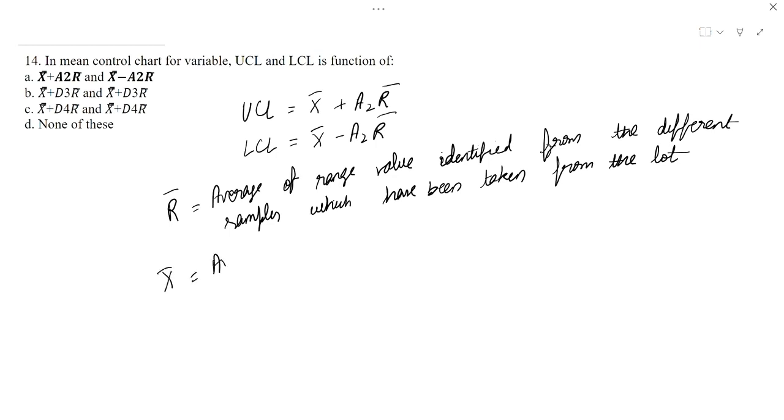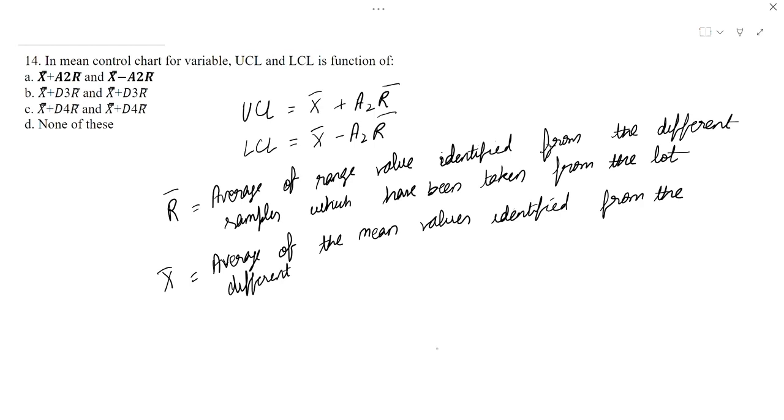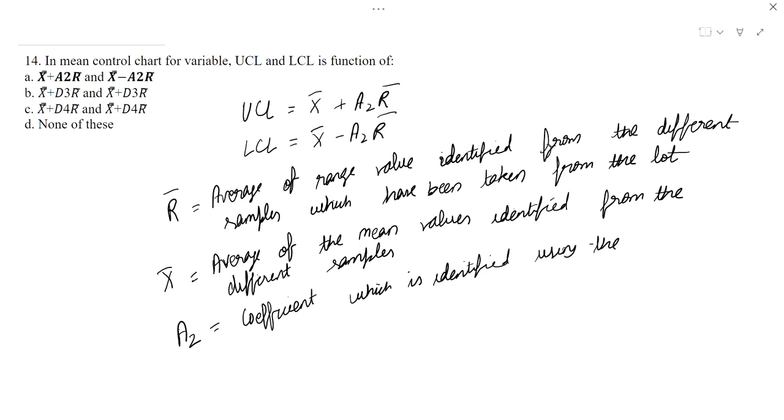X bar is equal to the average of the mean values identified from the different samples, and A2 is equal to a coefficient which is identified using the number of items in a sample, or sample size.